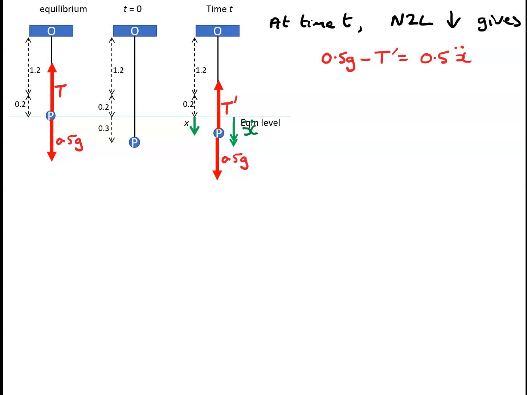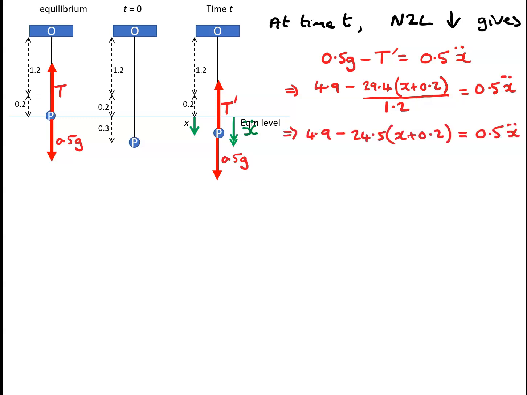T dash is going to be lambda, which is 29.4, times the extension of the spring at this particular stage, which is 0.2 plus x, divided by the natural length of the spring, which is 1.2. So we've got 4.9, take away 29.4 times x plus 0.2, divided by 1.2, must equal 0.5 times x double dot.